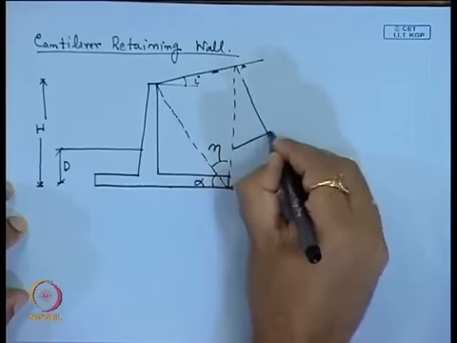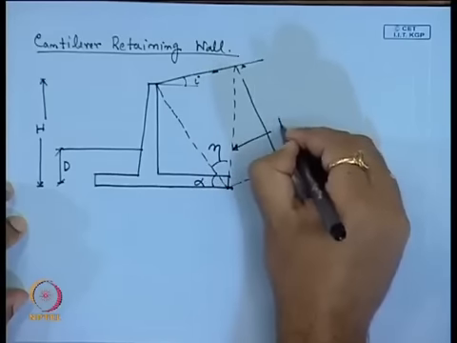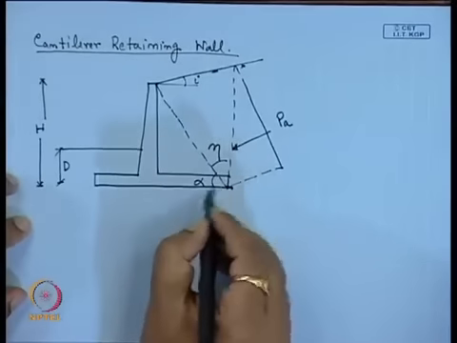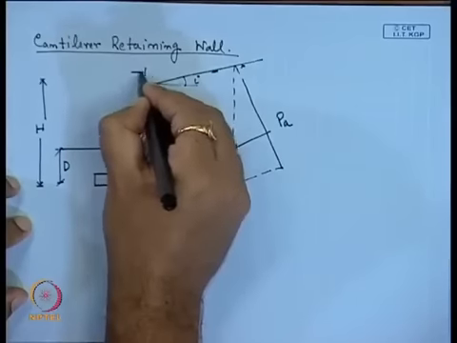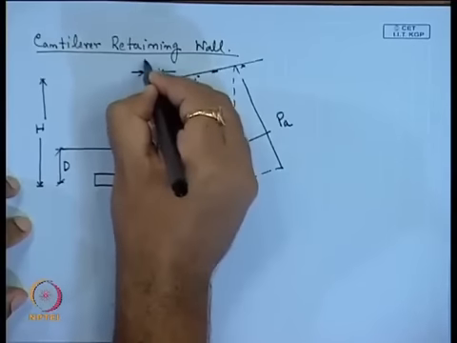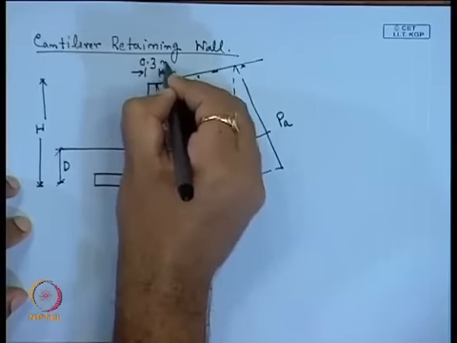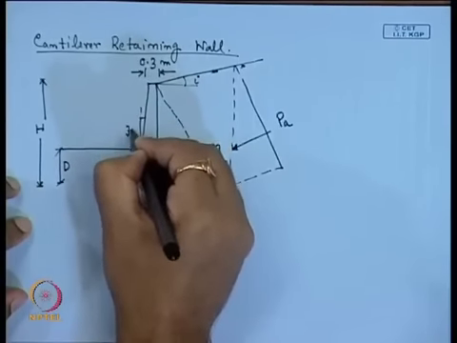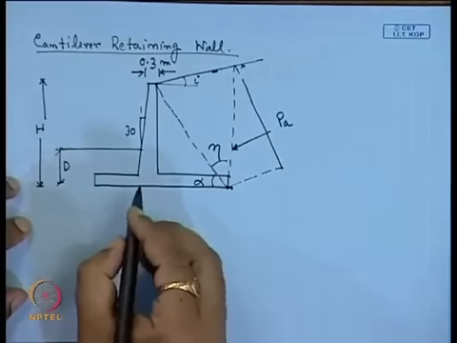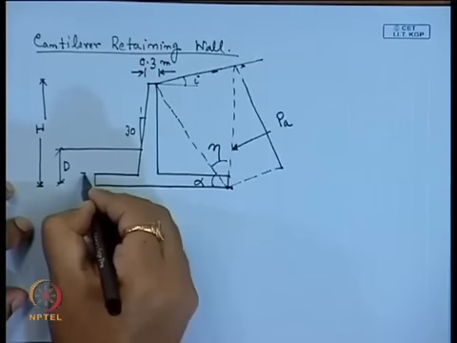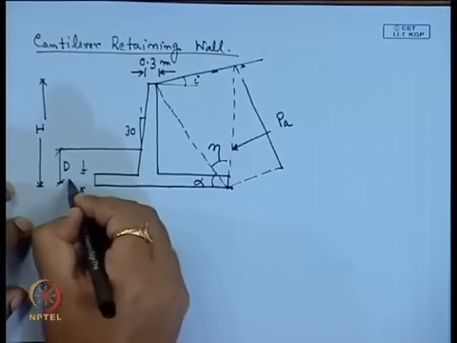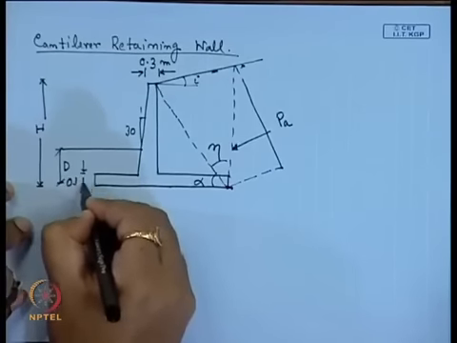So, this P A will act parallel to the ground line, and now the recommendation is as this top portion is 0.3 meter. Now, this angle is again 1 by 30. Now, this height or the base width, the thickness of this base is 0.1 h.